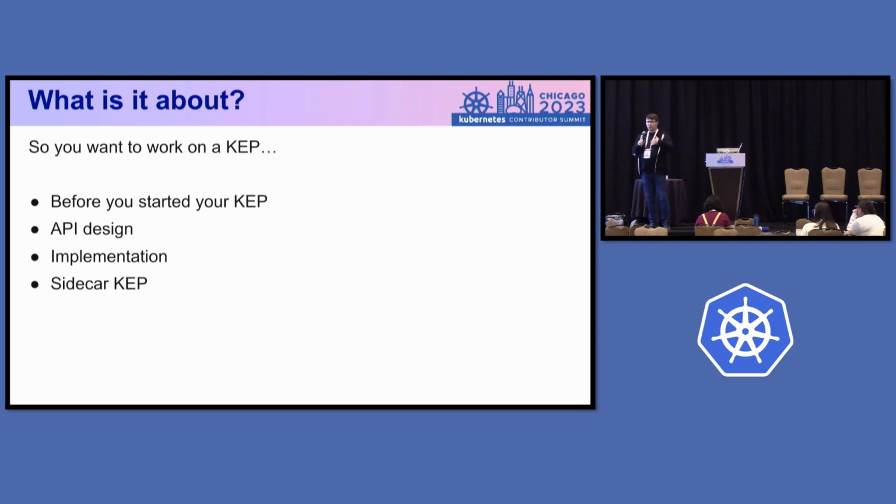So I will go through all the stages with you, and I will sprinkle the talk with examples of how it went with Sidecar without talking about the Sidecar KEP in advance. I will talk about the Sidecar KEP in the end. So I hope you have a general sense of what the Sidecar KEP is about. It's about containers that you run that are not your main containers. And in the end, I will tell more about it.